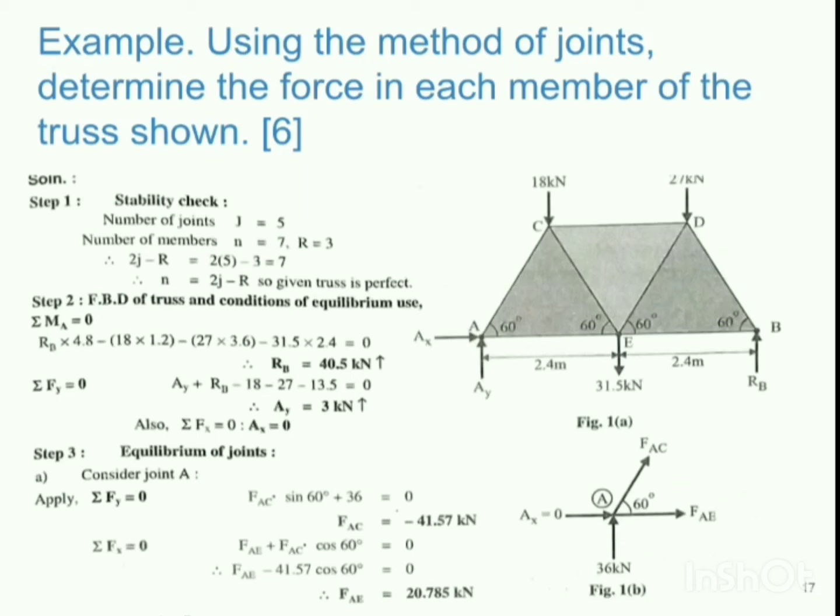From the FBD you can see FAC is acting away from the joint, so its x component and y component will be positive, that is FAC cos 60 and FAC sin 60. So while calculating the equation ahead, we should not change the direction of FAC. We need to substitute its value, whatever value we got. If we get positive, we will substitute the positive value. If we get negative value, then we will substitute the negative value. So in this way we need to proceed.